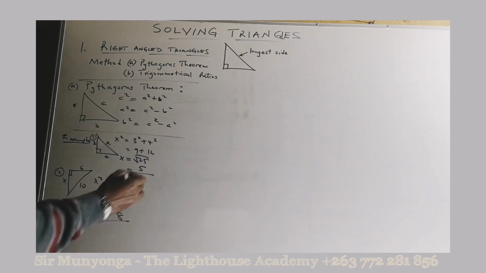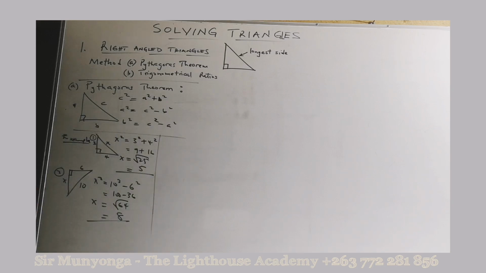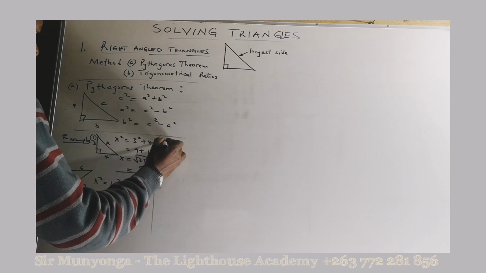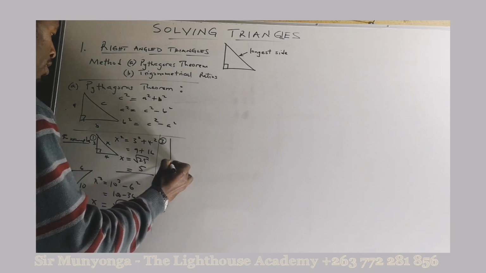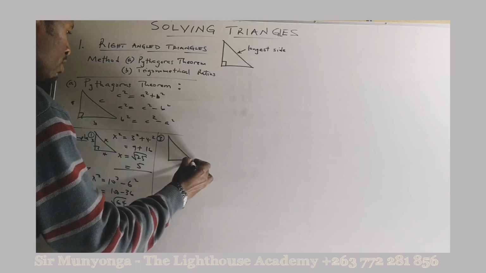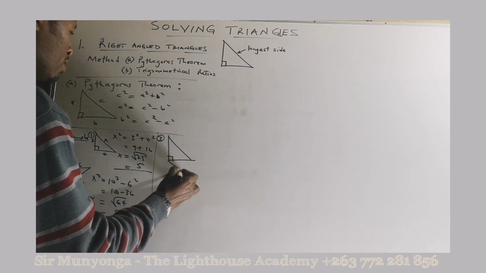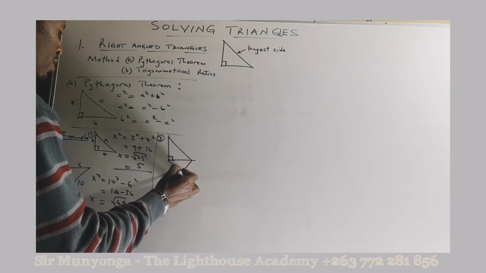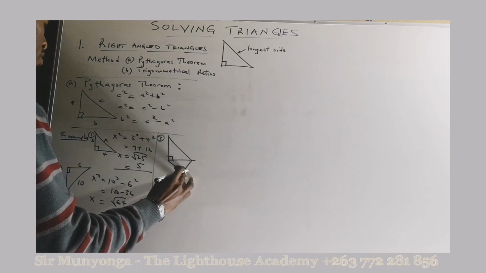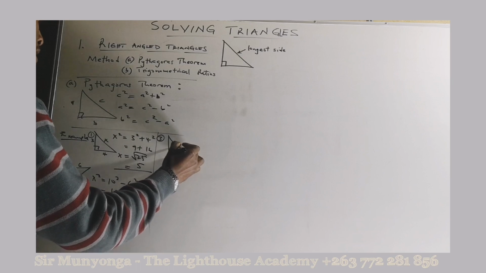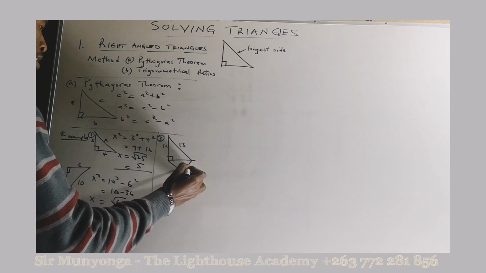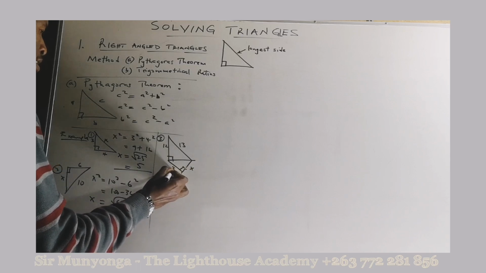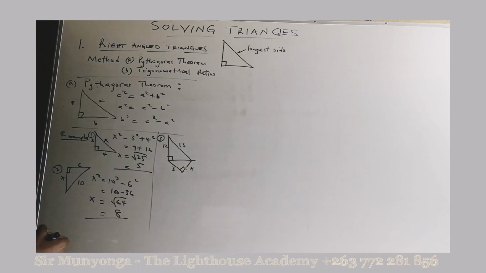So let's look at a scenario where it is a little bit complicated. We have two right angle triangles joined. In this case, you are required to find, let's say the sides are 12 and 18, the value of x given those three sides.